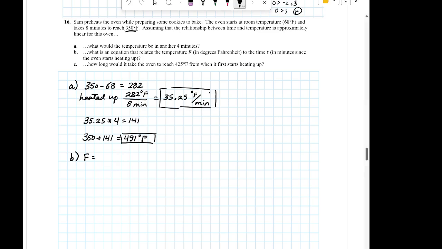Well, if you think about it, this right here is how much it heats up per minute, right? So this is the rate of heating, how fast it heats up, and we started at room temperature, right? So the room temperature, it's really like it's at time 0.